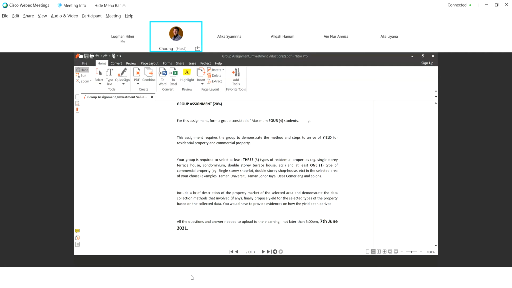Tapi jangan cari satu kat KL, satu kat Terengganu, satu kat Perak pula. Jangan. You decide one particular place. Contohnya kalau nak buat di Taman Universiti, your group tu buat kat Taman Universiti. Jangan cari yang berbeza-beza. Sebab nanti kita nak buat comparison antara satu sama lain.